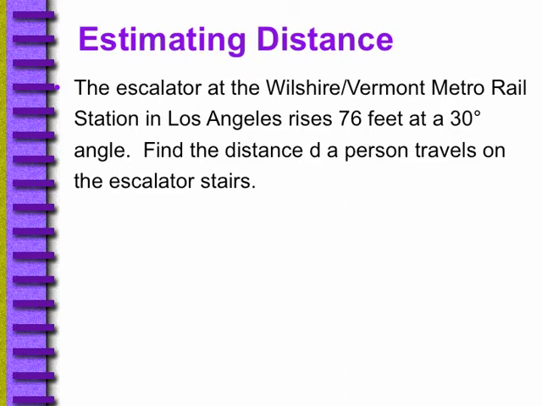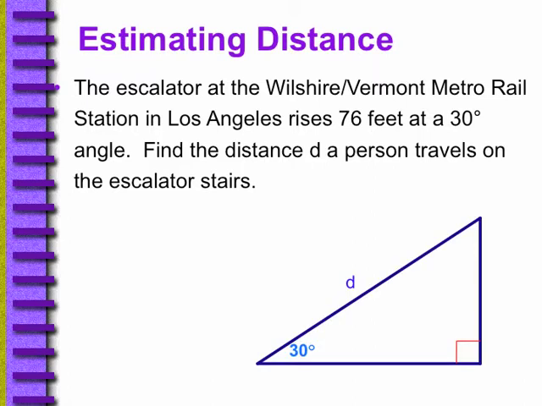So here's our real-life example. The escalator at the Wilshire, Vermont Metro Rail Station in Los Angeles rises 76 feet at a 30-degree angle. Find the distance d a person travels on the escalator stairs. I always tell my students, when something is described to you in words, it's a really good idea to draw a diagram.